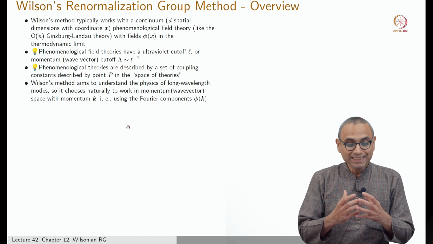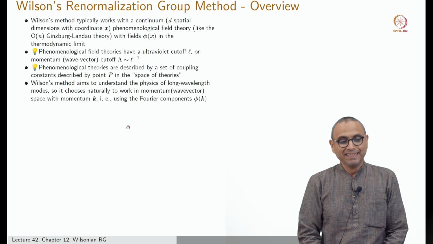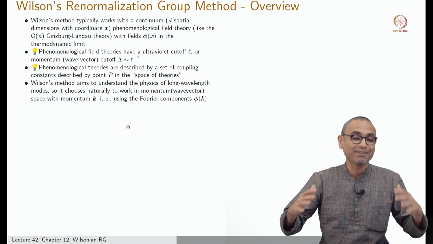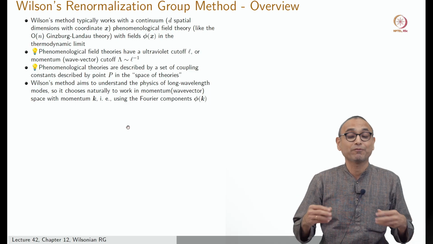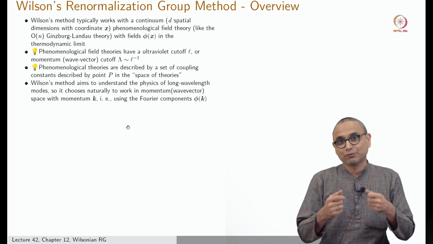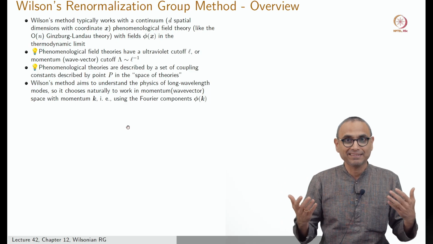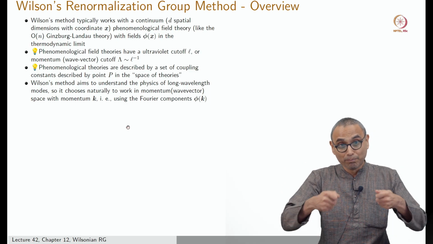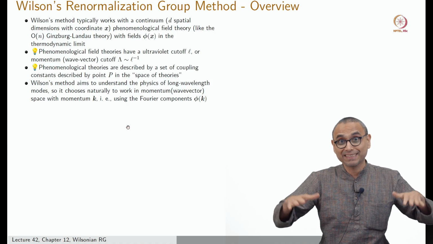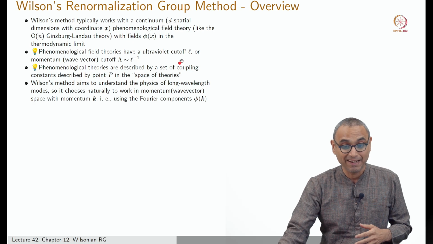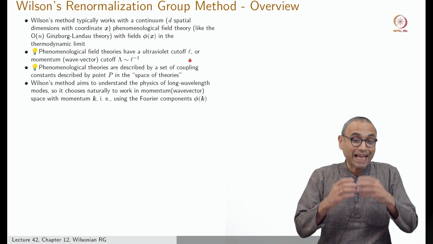The emphasis of Wilson's method is to understand the physics of the long wavelength modes in the system. Why is that important? Because Wilson realized that what we observe on the longest length scales are the modes of the system whose wavelengths are very large compared to l.